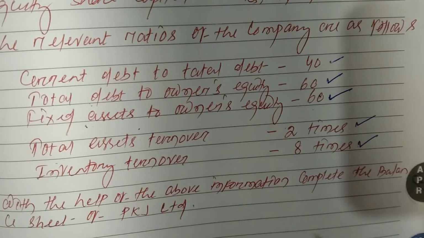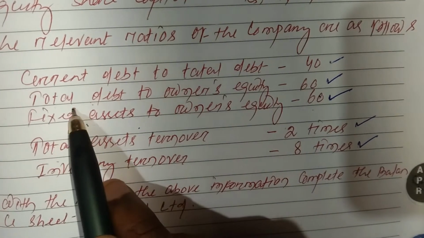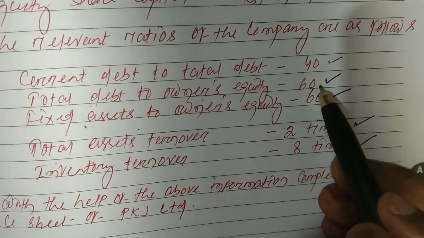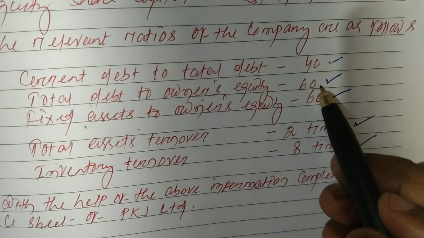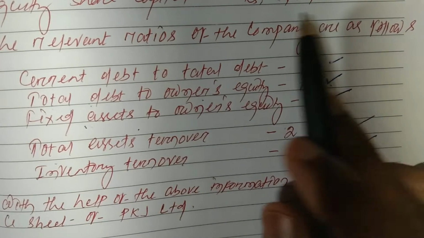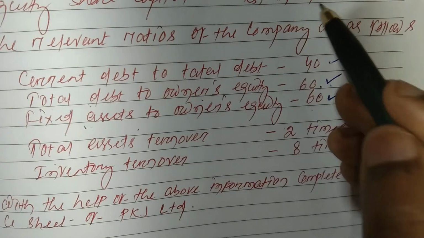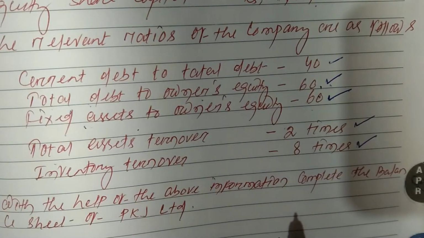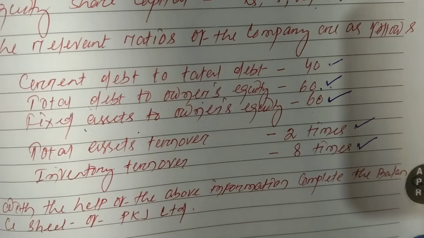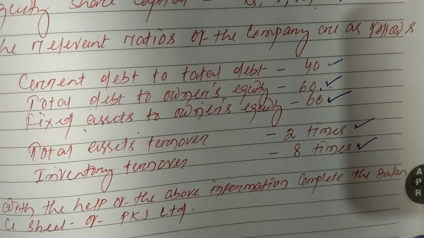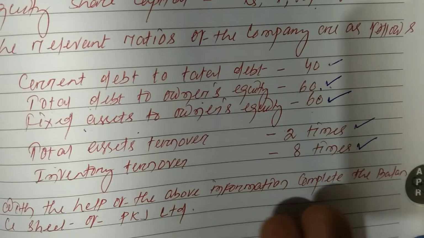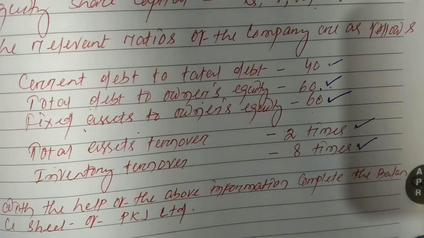So if total debt to owner's equity is equal to 60, meaning 60,000, then with equity share capital 1 lakh, that means total liability is 1 lakh 60,000. If total liability is 1 lakh 60,000, then total asset must be 1 lakh 60,000. Both fixed asset and current asset together must be 1 lakh 60,000.